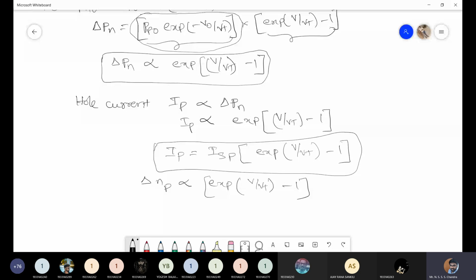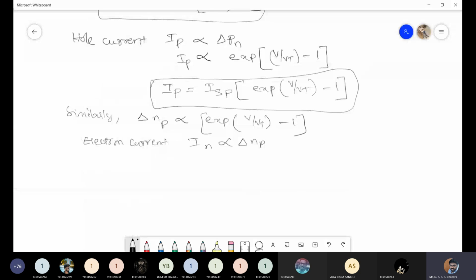Even in the examination, you can directly write similarly. Now, electron current, the current due to the movement of electrons, In, will be proportional to delta Np. And you can write In is equal to Isn into exponential of V by Vt minus 1.